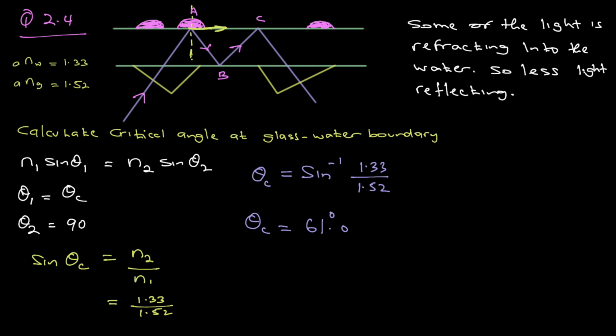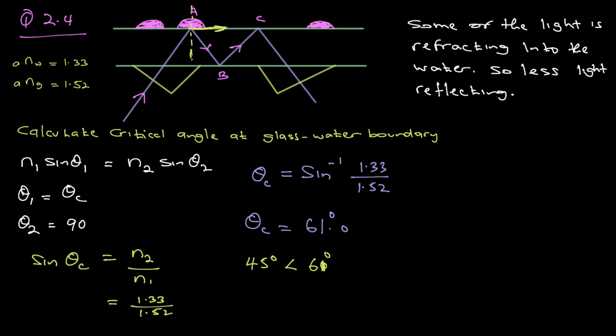So 45 degrees is less than 61 degrees, because the light is going in at 45 degrees here. It's less than the critical angle, which is 61 degrees.